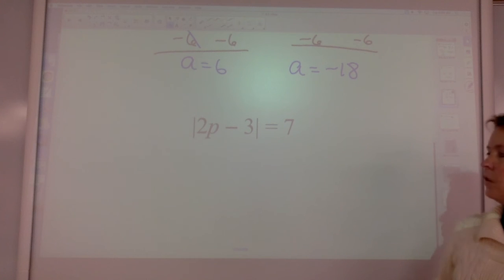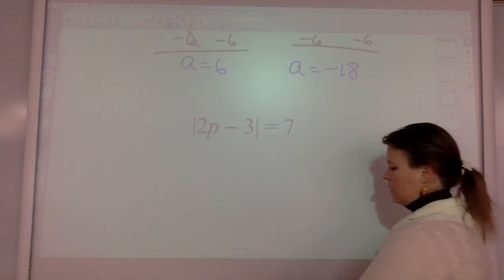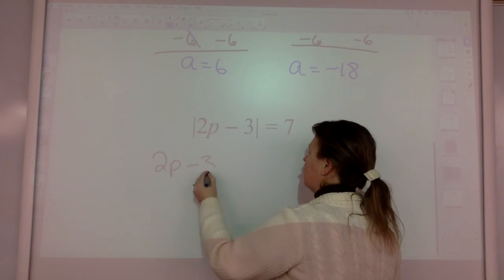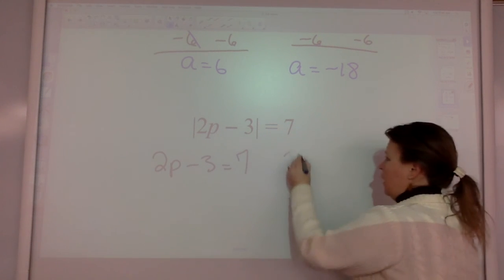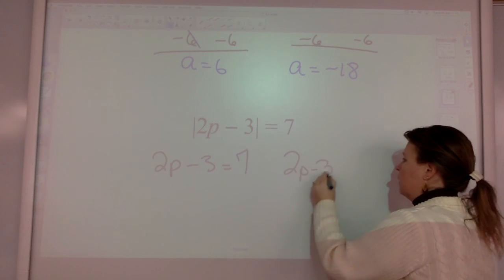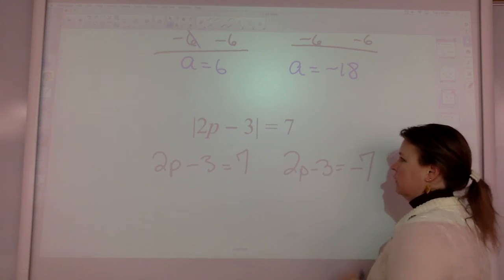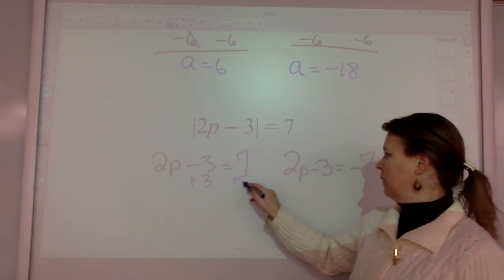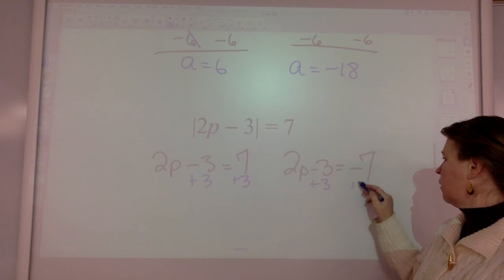We'll do one more. It's a 2-step solving, but we're okay with that. We can do 2-step solving. Set it up as 2p minus 3 equals 7, and 2p minus 3 equals -7. Add 3 to both sides, and I'm going to do that all the way across. Why not?